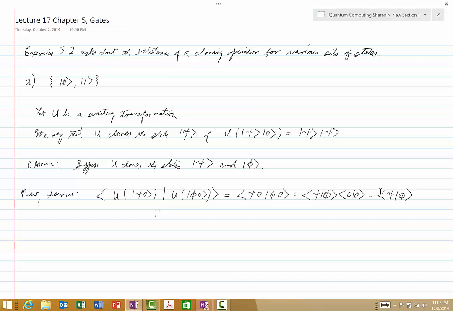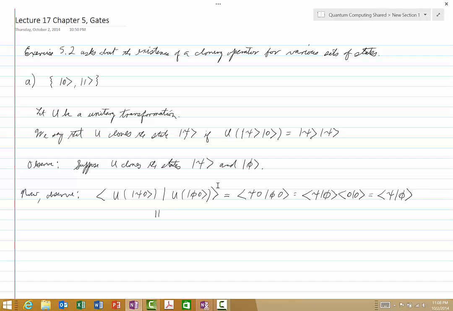So we're just left here with the inner product of psi and phi. And this would be true now for any unitary transformation. This line here would be true for any unitary transformation. We have not yet used the fact that U clones the states psi and phi. But now we will use that information.